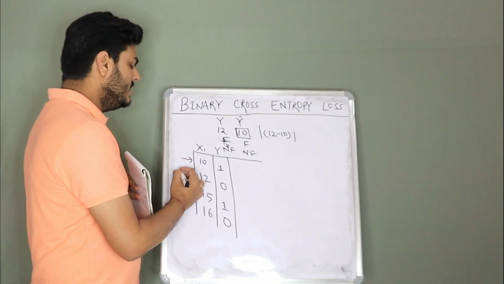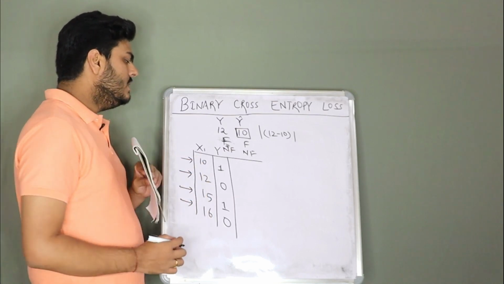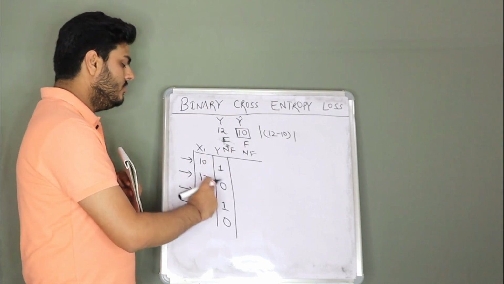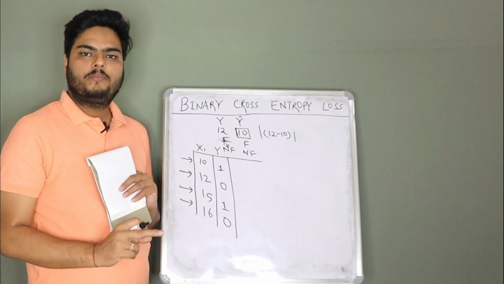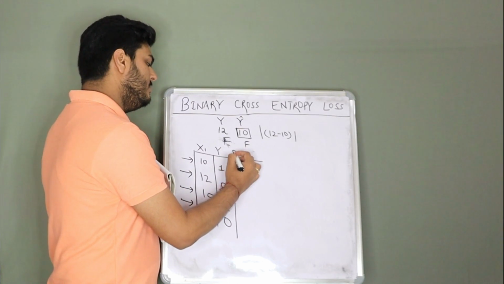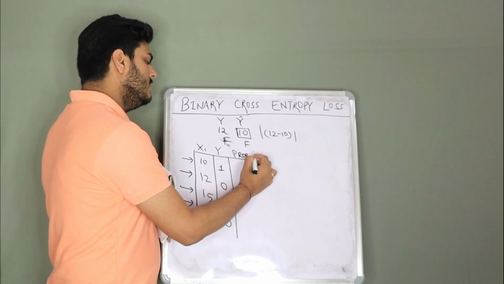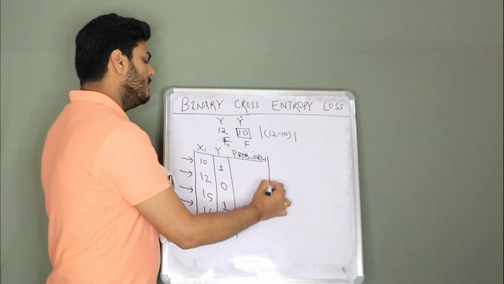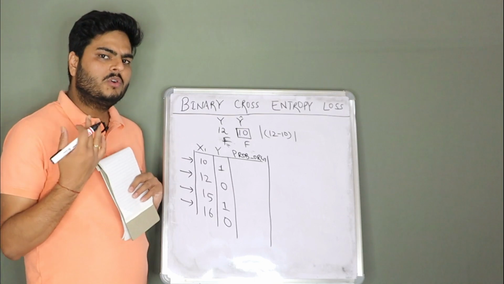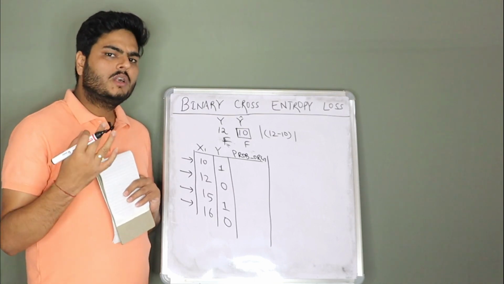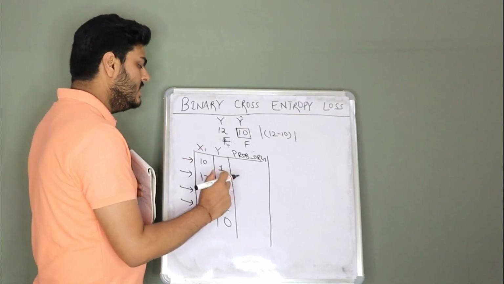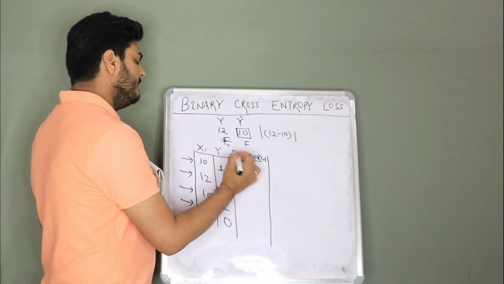Now if you fit a logistic regression model, or any model which gives you the probability of your observation falling in class 1, then what you get is a probability of each record falling in class 1. Let me insert a new column here and call it probability original, org. When you train a logistic regression model, for your first row, the probability of falling in class 1 is 0.8.